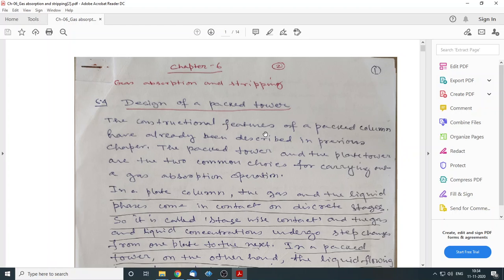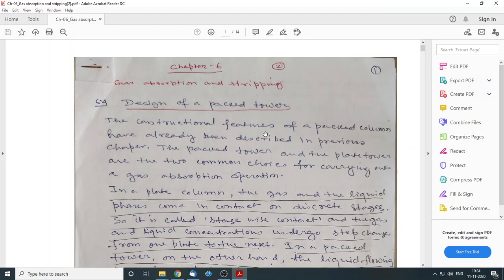So minimum gas flow rate or liquid flow rate is required, because this is in our hand, and our objective is always to get the desired separation with minimum liquid flow rate for absorption, and for stripping the desired separation with minimum gas flow rate.